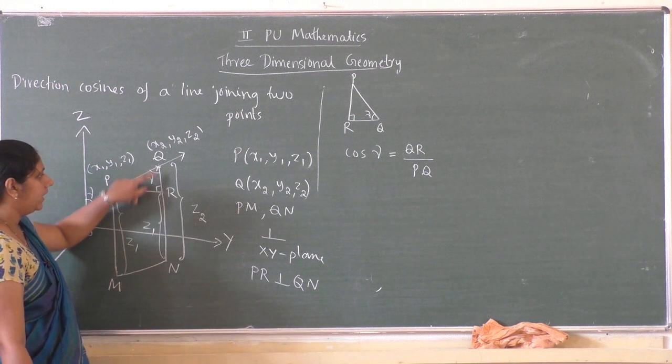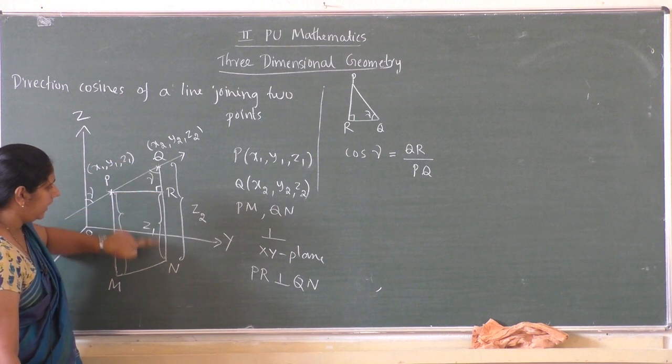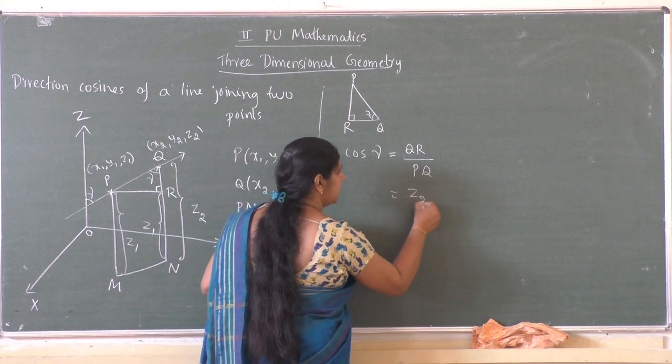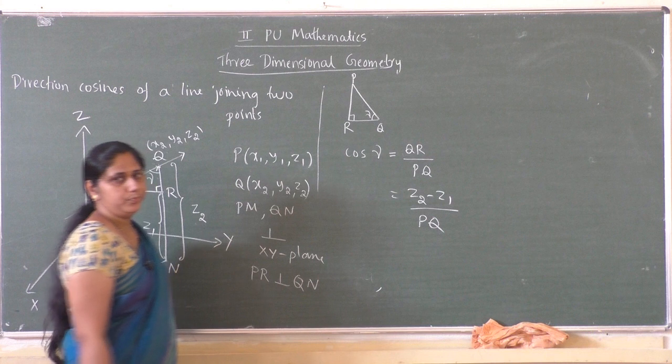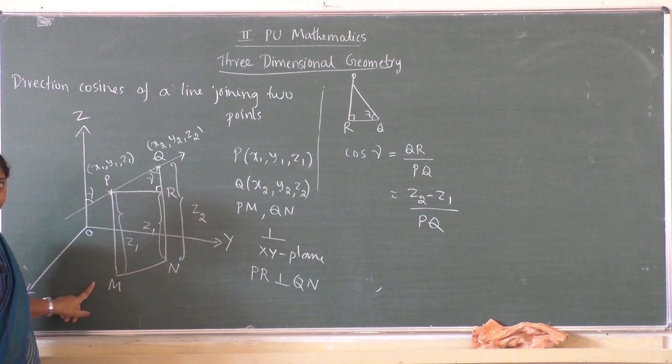But we have to find what QR is. What is QR then? It is QN minus RN, that is z2 minus z1. Here cos gamma is z2 minus z1 divided by PQ. Is it clear? So here we drew perpendiculars to the XY plane.